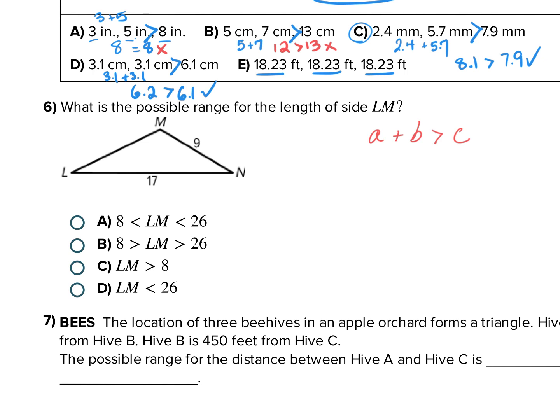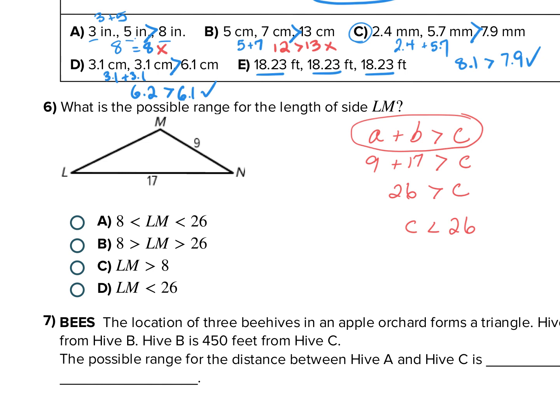So if I take 9 and 17, just like I did in my previous problem, when I add these together, I'm going to get 26. So that means my third side, C, or my longest side, because I can flip this around, C would have to be less than 26 for it to form the triangle and to make our inequality true.